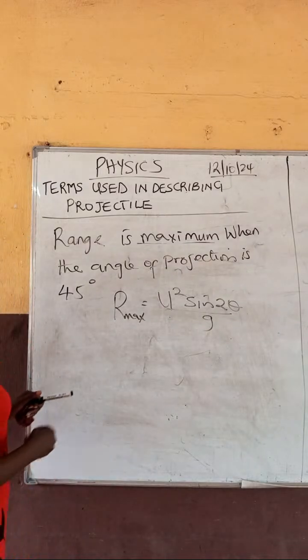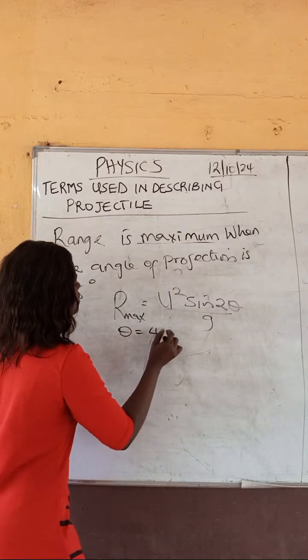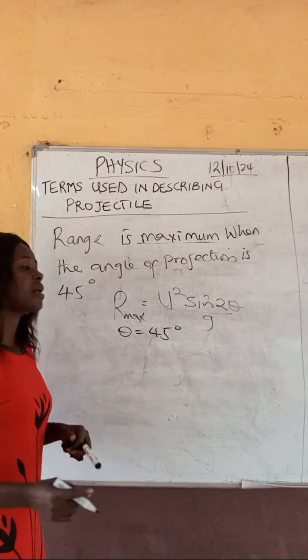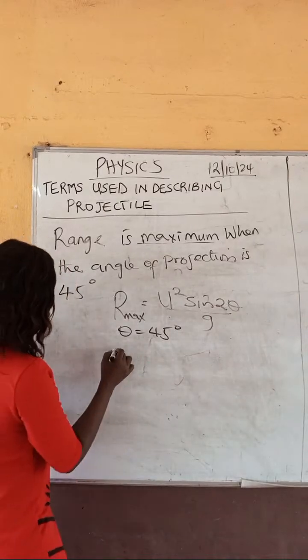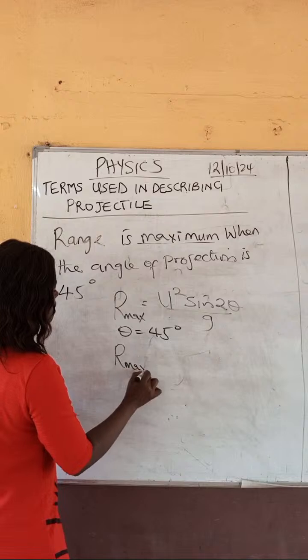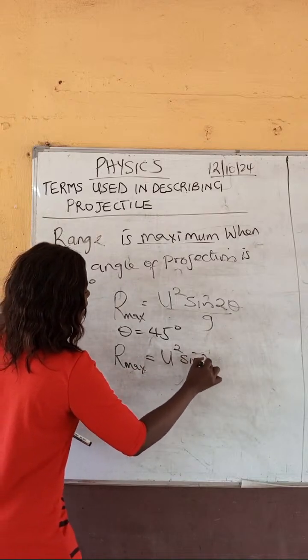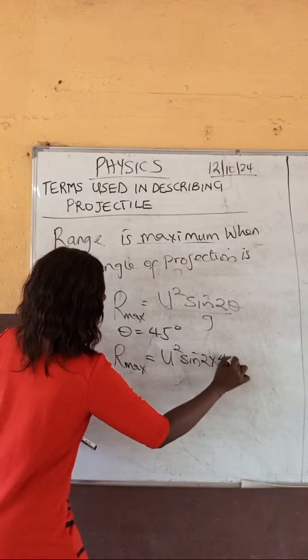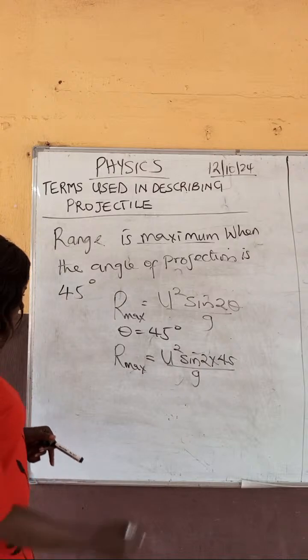Now, if we say that this is maximum range, it means that my theta becomes 45 degrees. I'm going to put 45 degrees there to see what I'm going to come up with. I have R max is equals to U square sine 2 times 45 over G. Okay?